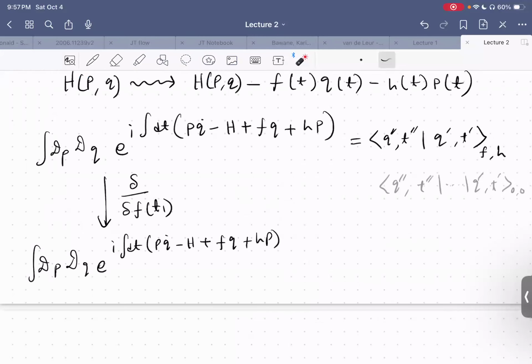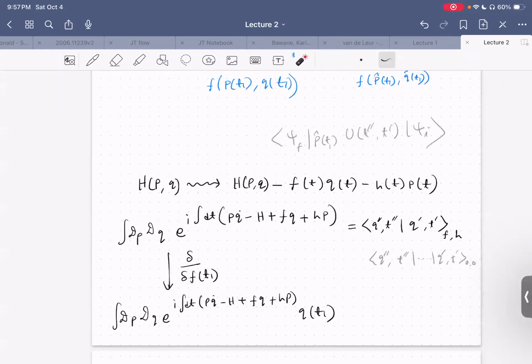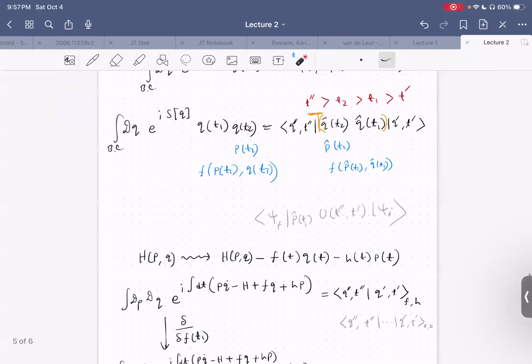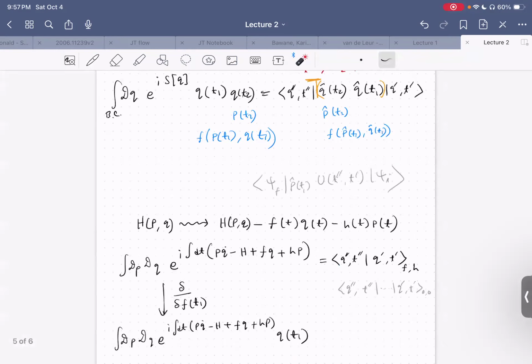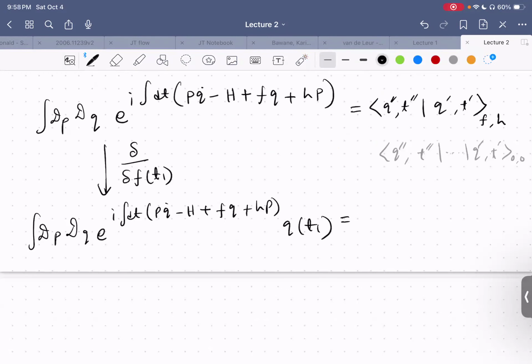So now you just get q evaluated at t1. But this is nothing but this, without this thing. So this is q hat acting at time t1.